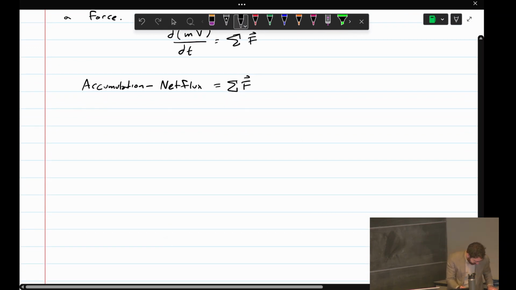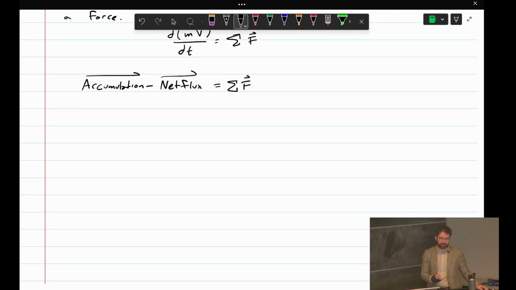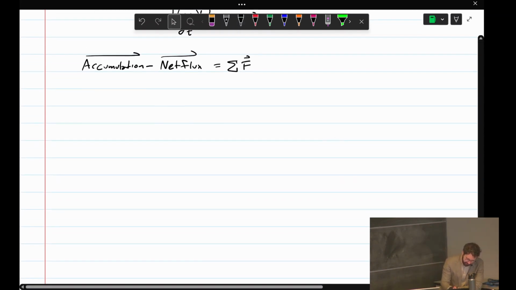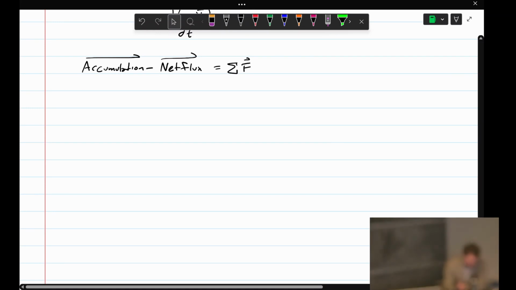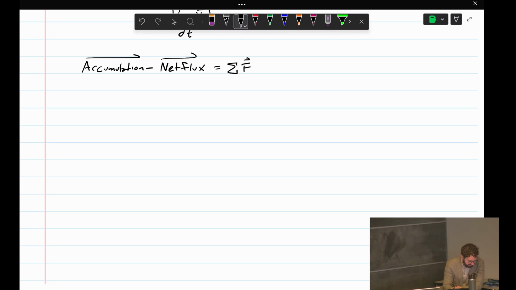Maybe I'll put a vector there because this is a vector equation. So our accumulation now should be a vector and our net flux of momentum should be a vector. So what this looks like, and I'm not going to derive this right now, I'm going to wait until we do Reynolds transport theorem to derive this.